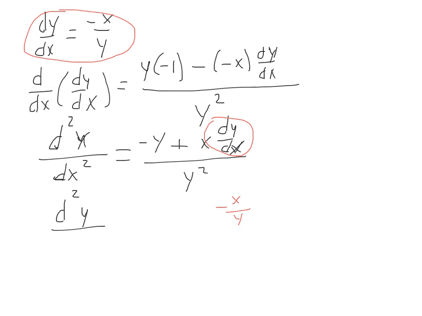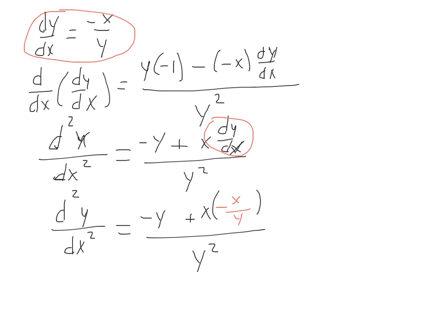So the second derivative of y with respect to x both times is equal to the opposite of y plus x times that quantity over y squared. Now this is screaming that it needs to be cleaned up because this is a complex fraction.